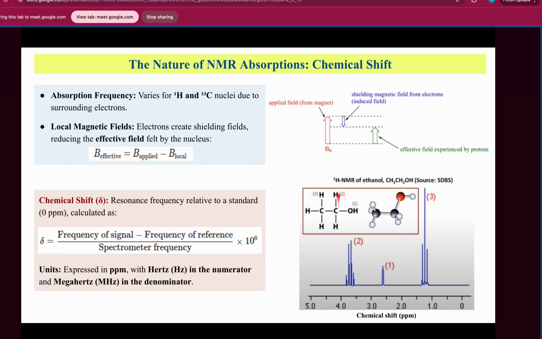And then for this second hydrogen, which is attached to a carbon that has OH on one side and a methyl group on the other side, it has the highest ppm, about 3.5. This is to show you how the chemical shift varies based on the type of hydrogen and the adjacent chemical neighbors to which it is linked. We'll see how it works, and what the factors are which influence the chemical shift values.